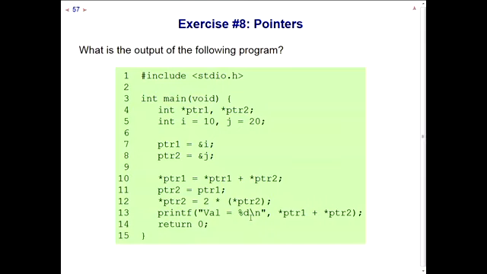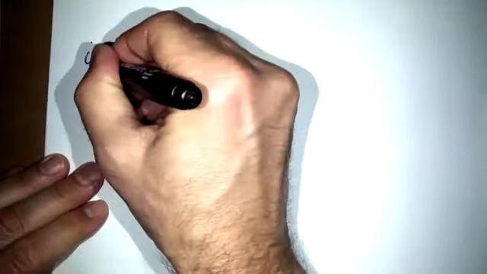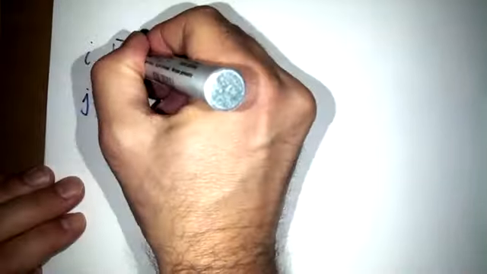Now, to give everyone a chance to see how we actually arrive at that 120, let's just draw a diagram that illustrates what is going to happen here. We start with two integer variables, i and j, and their initial value is 10 and 20.